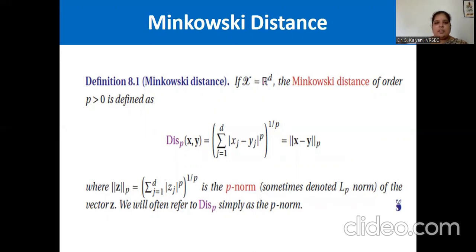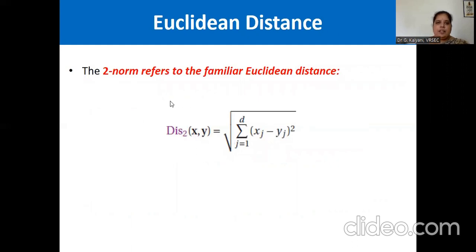And this generalized distance, Minkowski distance of order p, can be represented in different ways by considering a value for p. If we consider the value of p as 2, then it is simply called the Euclidean distance. Hence, the formula of Euclidean distance between two instances x and y is square root of sigma j equal to 1 to d of (xj minus yj) whole square.